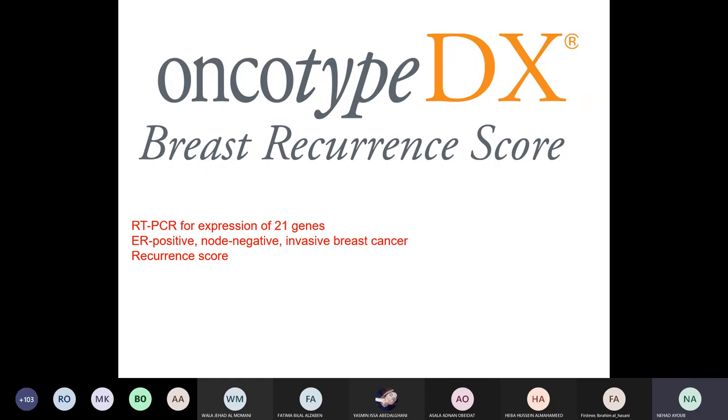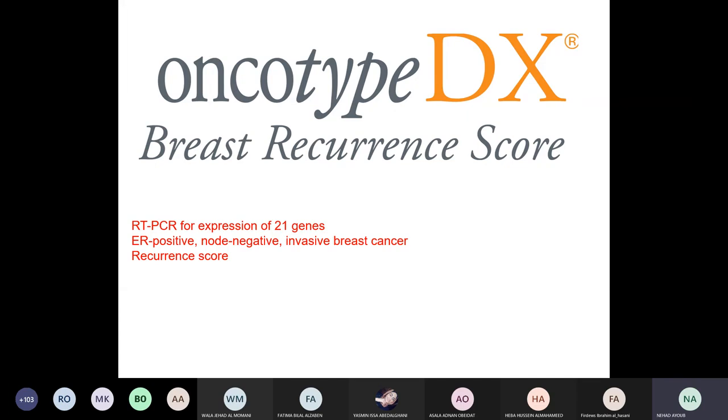You can use Oncotype DX to assess recurrence risk in patients with ER positive, node negative invasive breast cancer. يعني المريضة اللي عندها hormone dependent ER positive breast cancer and negative lymph nodes، ما في lymph node involvement, it's invasive، يعني هاي ما بتمشي الأونكوتايب DX. ما بقدر أعملها أحسب recurrence score لمريضة جاية ductal carcinoma in situ.